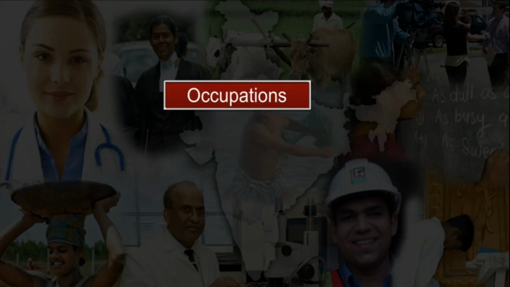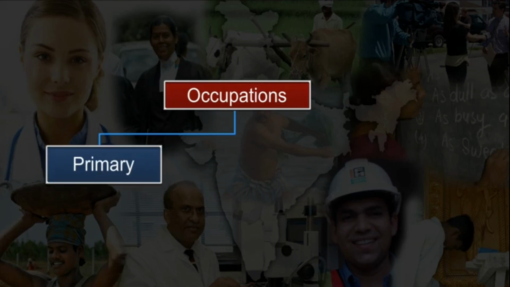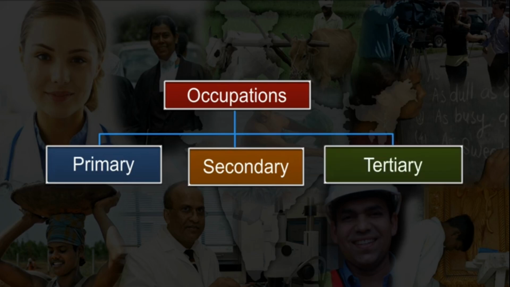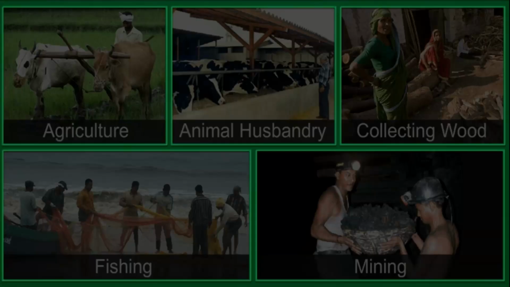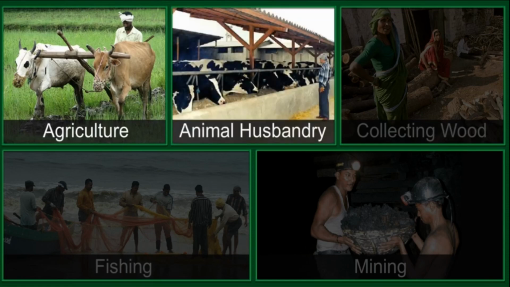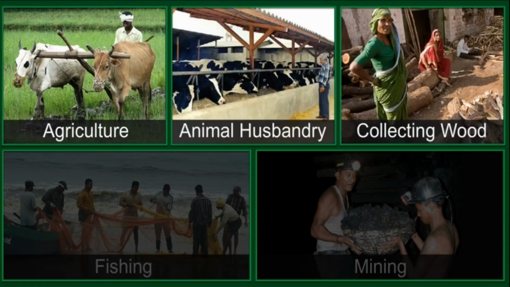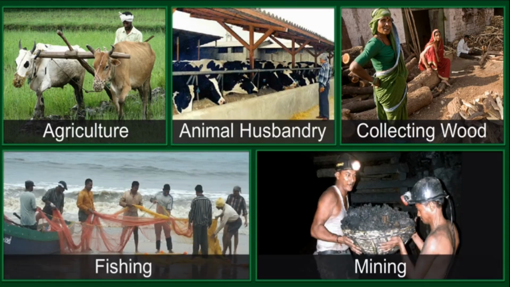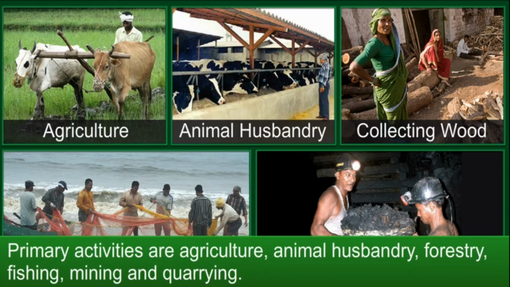Occupations are generally classified as primary, secondary, and tertiary. Primary activities include agriculture, animal husbandry, collecting wood or other forest products, fishing, and mining activities for raw material.